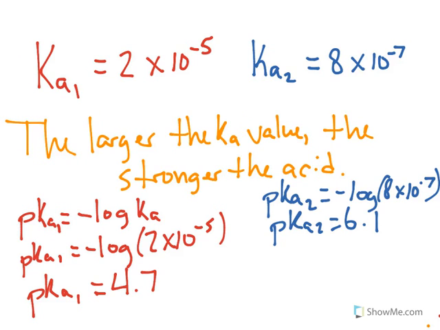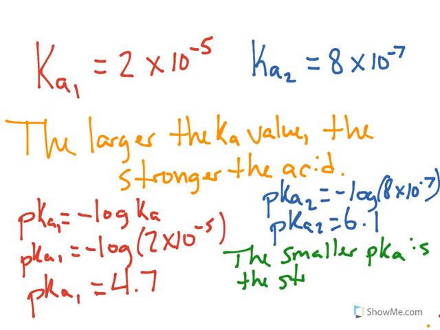But since we've taken the negative log of it, our way of thinking has been flipped. And instead of the larger value being the stronger acid, now the smaller pKa is the stronger acid.